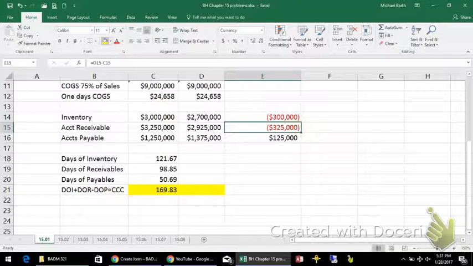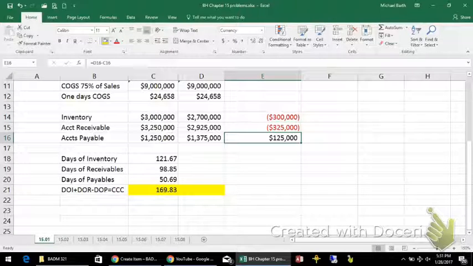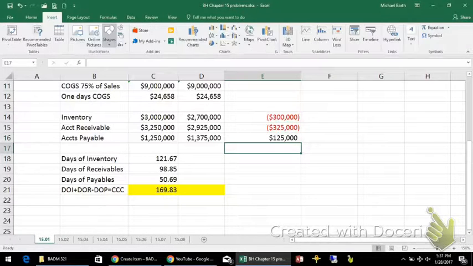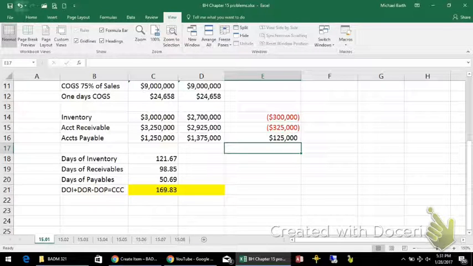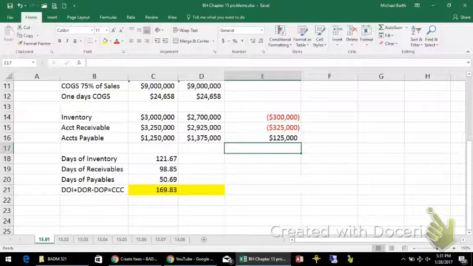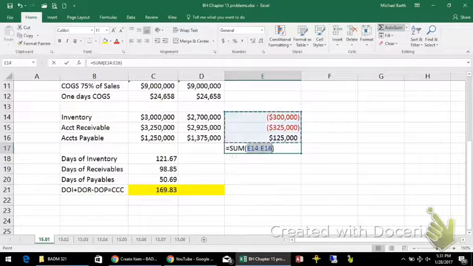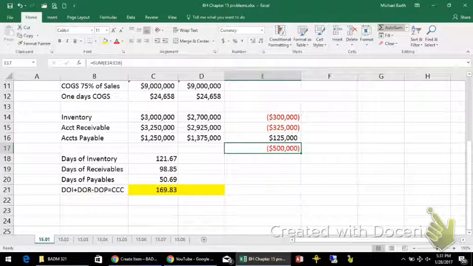They're still selling stuff on credit, but they're collecting it faster. And they're also able to borrow some money through their suppliers. The net change, if I calculate the net impact, means that there's $500,000 less that they actually have to fund.